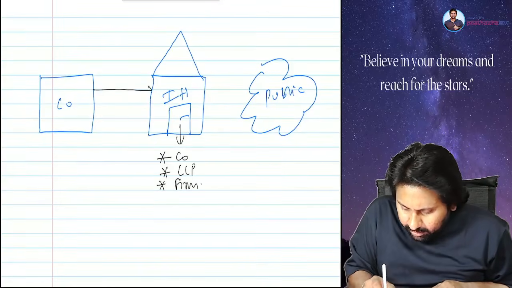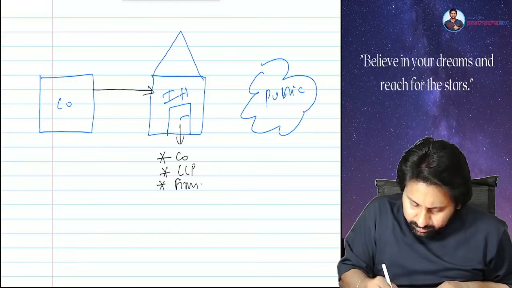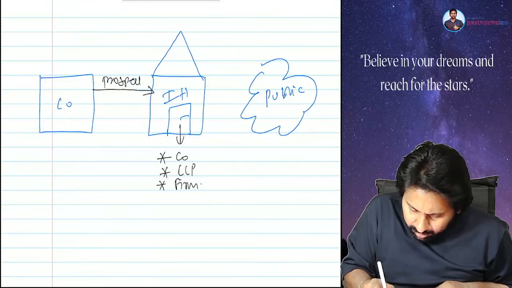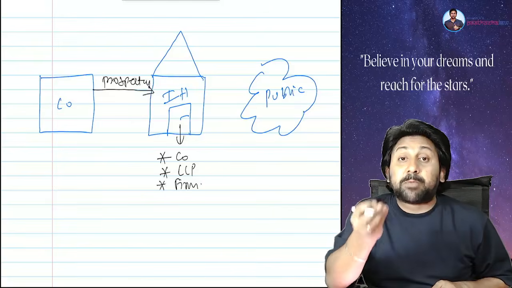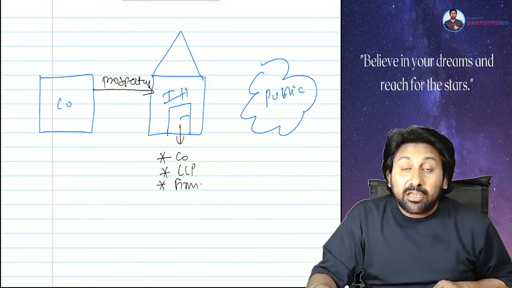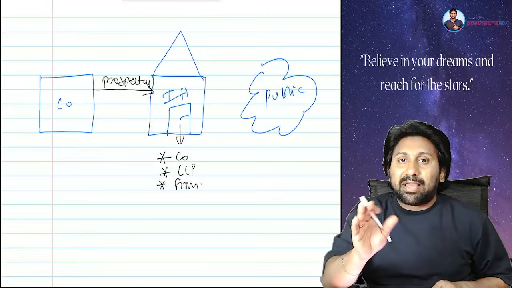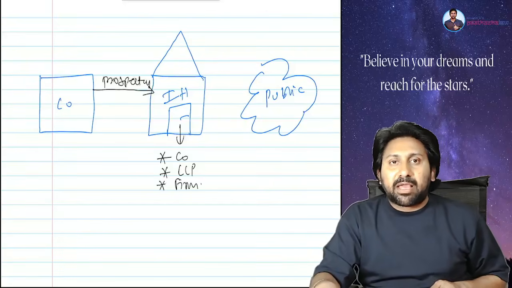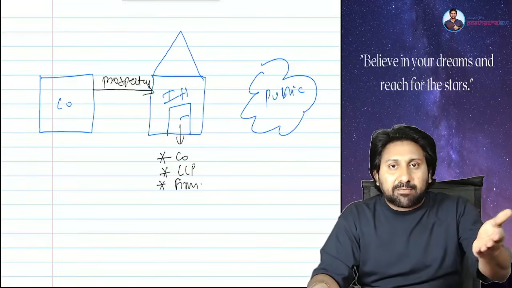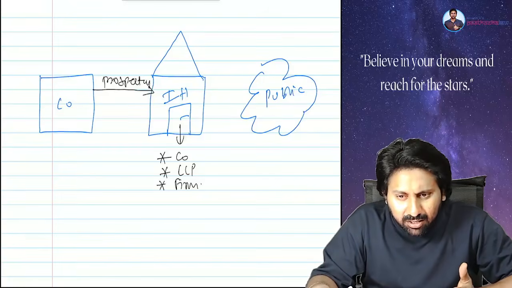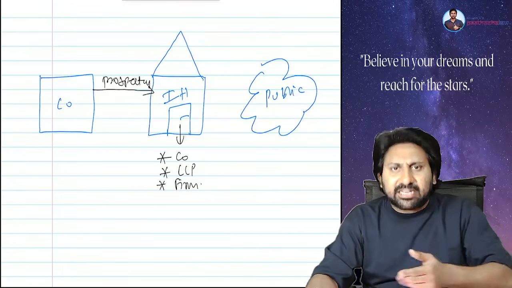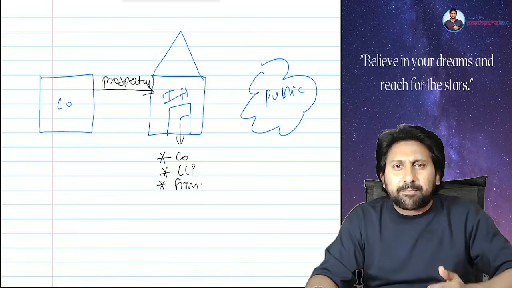The company will issue a prospectus to the issue house. An issue house is an expert investment banker. It's not a normal banker, it's an investment banker. Investment banker means if a public offer, mergers, or amalgamation happens, they take care of it. In India there are around 70, 80 companies working as investment bankers.